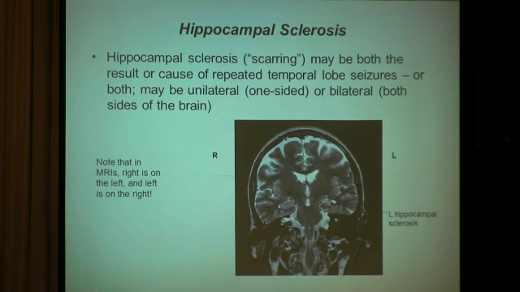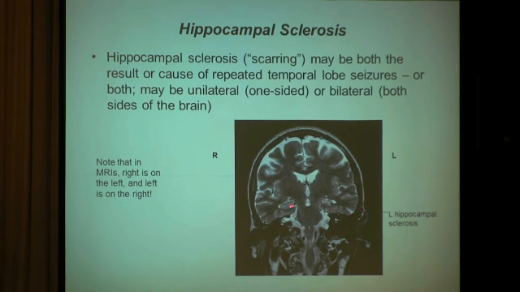So this is an MRI, magnetic resonance imaging, where in a living person we can image the real brain. And on MRIs, it's as though you're looking at the patient, and that means that the left is on your right and the right is on your left. Okay? So this is the left side of the person's brain.